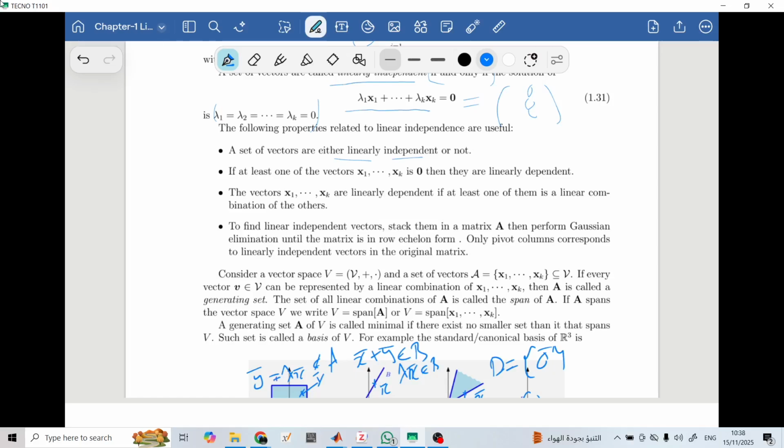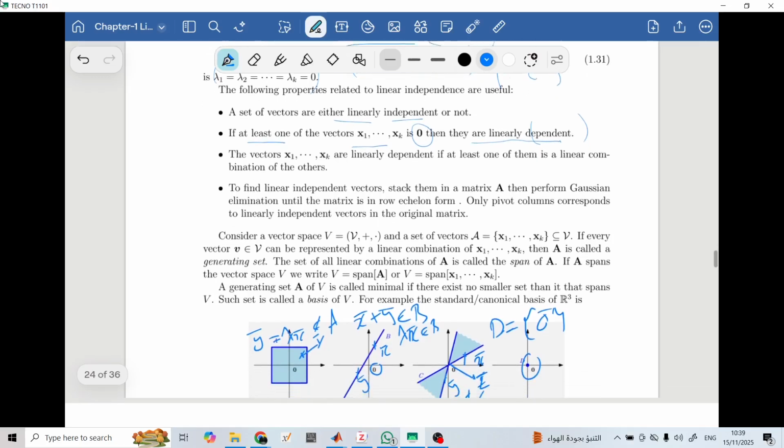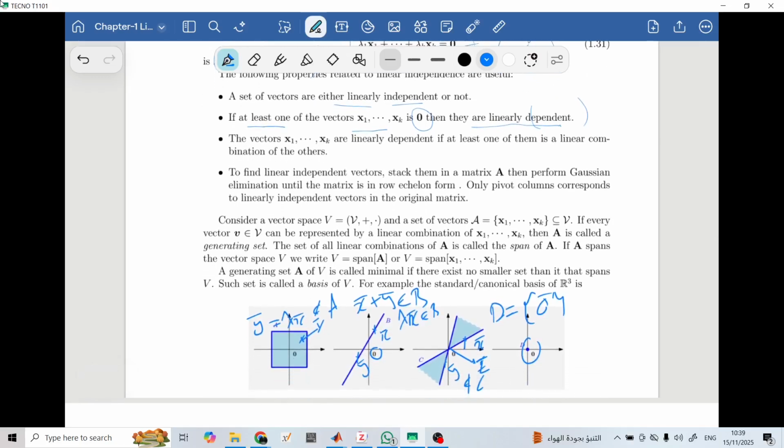If any vector in this set is 0, then of course this set is dependent, because we can find a non-zero lambda such that when you multiply it with the 0 vector, you will get this statement. Now if the set is dependent, then at least one of those vectors in this set can be represented by the other vectors. So one vector is dependent on the rest of the vectors, at least one, of course.